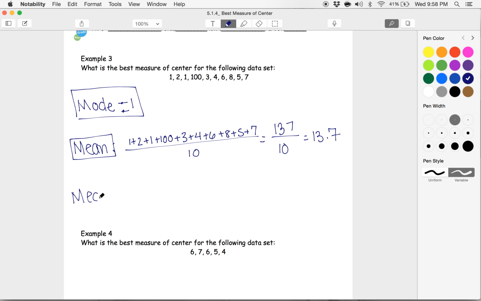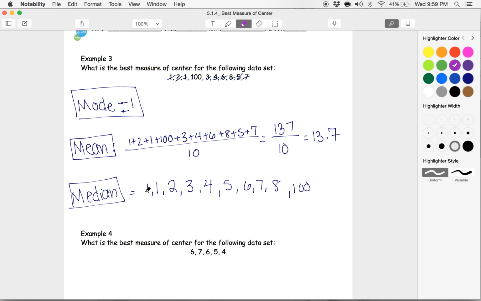Last thing is to find the median. I'm going to put the numbers in order, so 1, 1, 2, 3, 4, and 5, 6, 7, 8, and a 100.